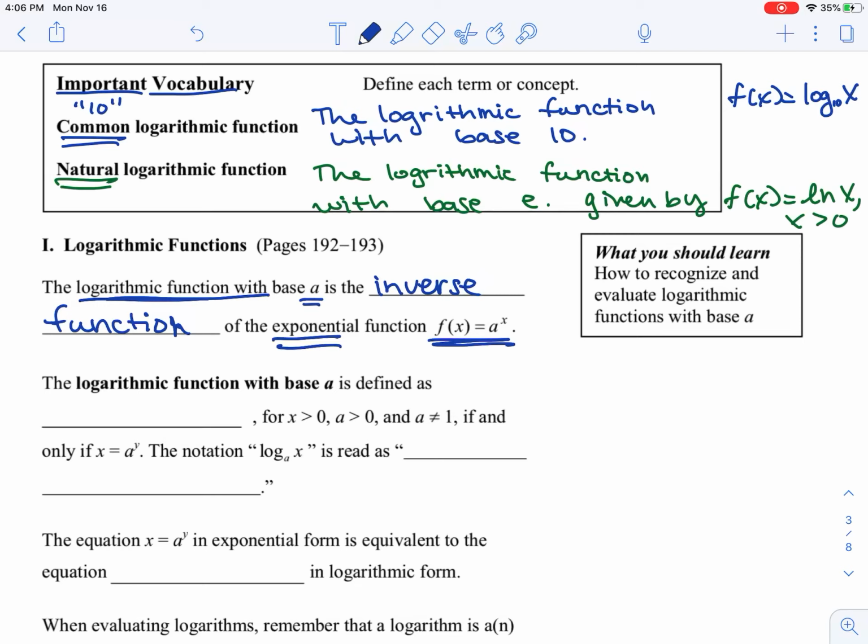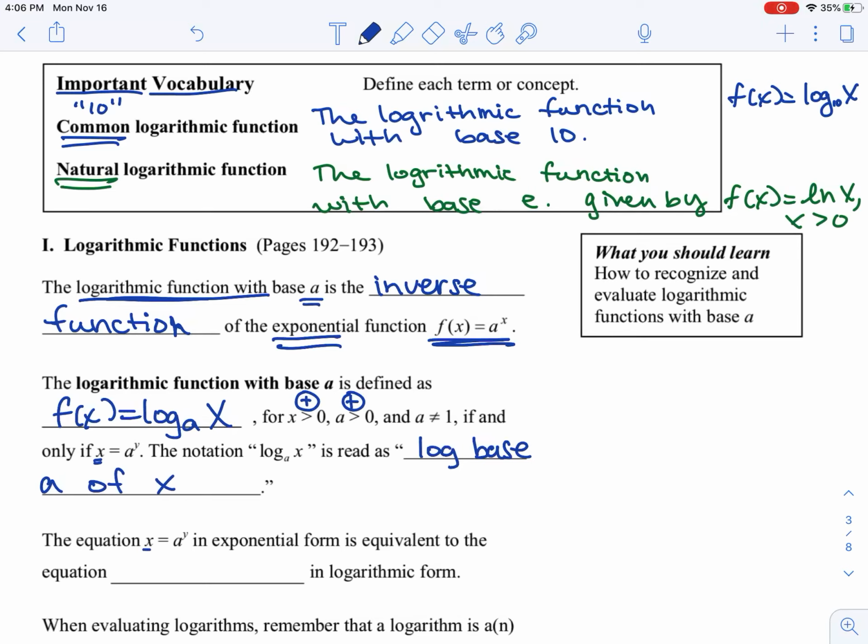The logarithmic function with base a is defined as f of x equals log base a of x for x greater than 0, aka positive, and a greater than 0, another positive, and a cannot equal 1, if and only if x is equal to a to the y, which is its exponential form. The notation log base a of x is read as log base a of x. So I just read that twice.